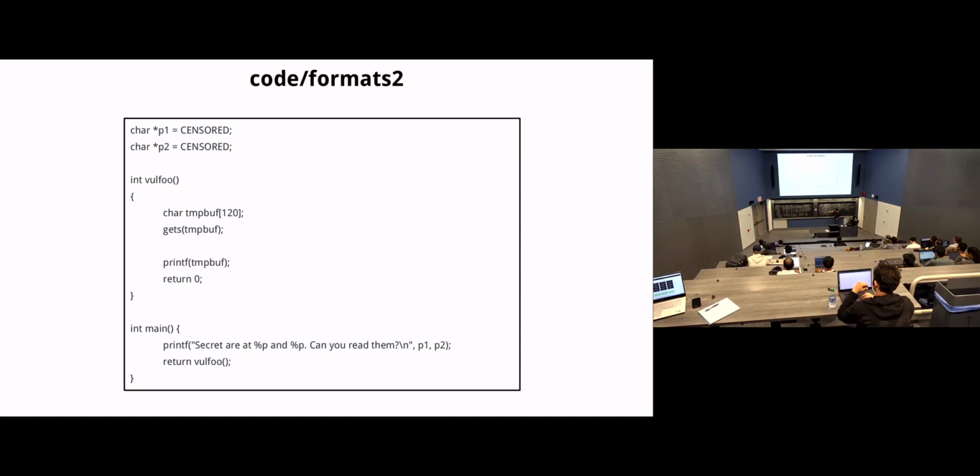Then higher than that, we will have the parameters, because the parameters go on the stack in 32-bit. In this case, we only have one parameter, which is temp buff, the address of the buffer. So here we only have 4 bytes. Those 4 bytes point to the real buffer, which is at a higher location.